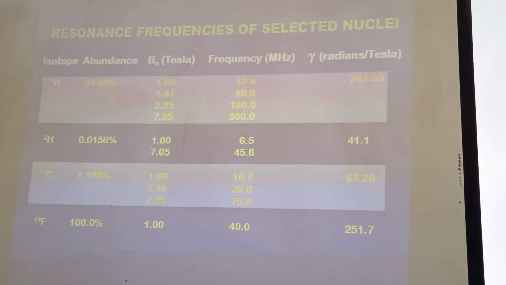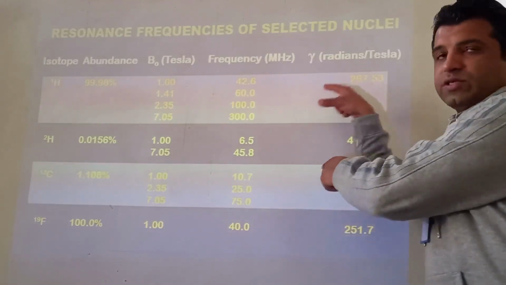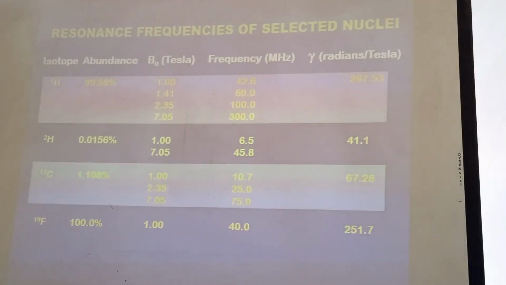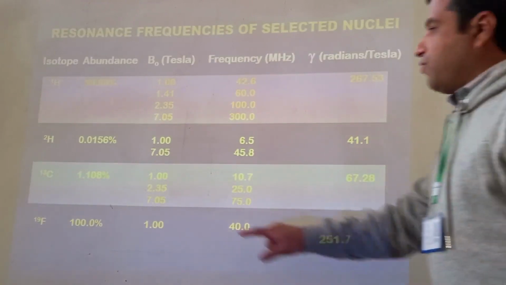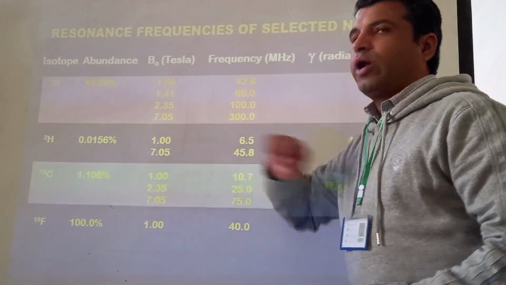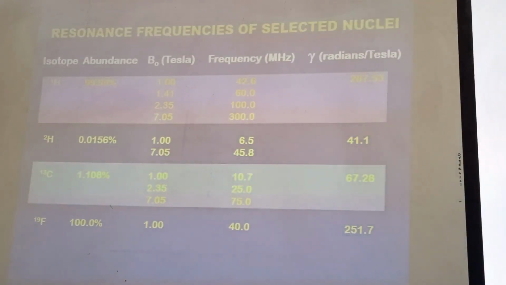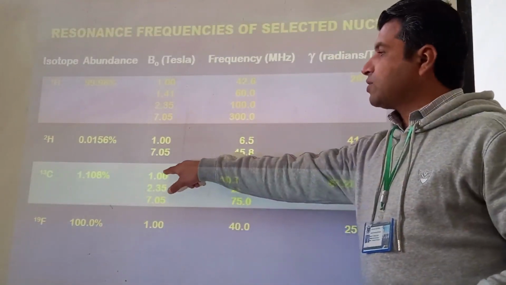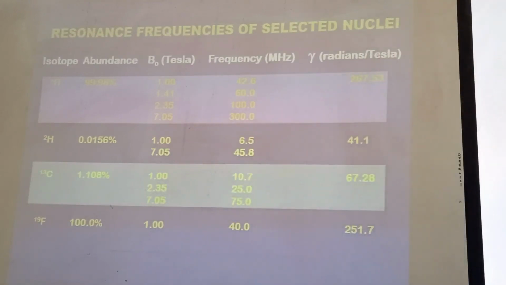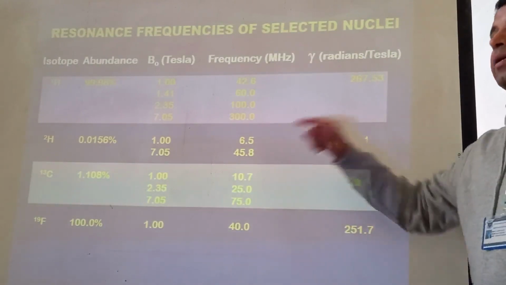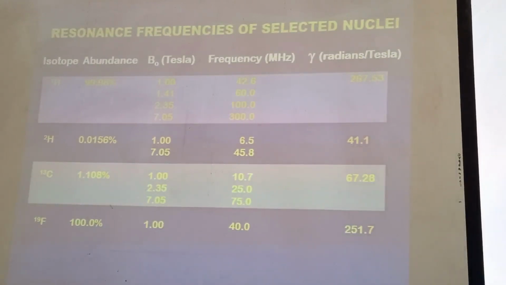Now let's go down to carbon-13, because we will be focusing on these two nuclei in this course. We will compare these two. If you have carbon-13, which is 1.1% in nature, its natural abundance is 1.1%, and you provide this carbon-13 with a magnetic field equal to 1 Tesla, the Larmor frequency would be 10.7 megahertz.